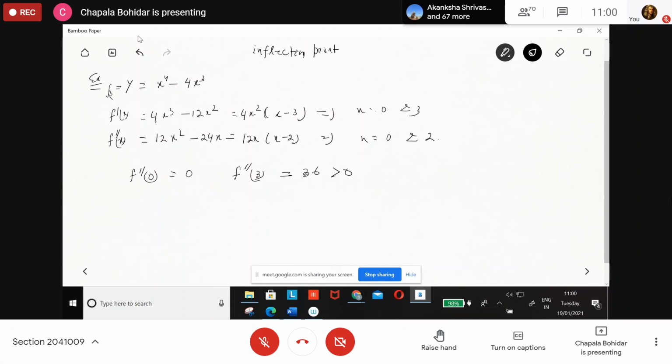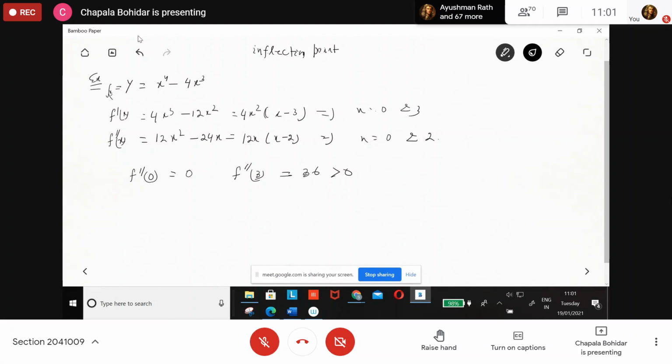So according to your definition, suppose f'' is continuous near c, if f'(c) is equal to 0 and f''(c) is greater than 0, then f has local minimum at c. What we got here, greater than 0 or less than 0? Here I am getting it is equal to 0. We cannot say about the local maximum or minimum at this point.